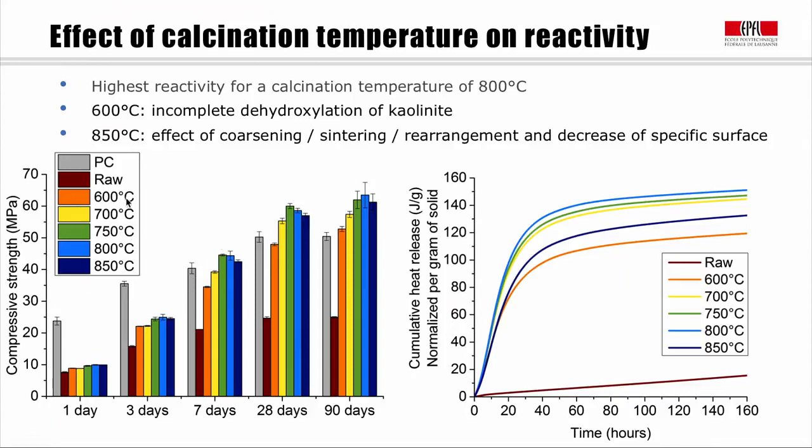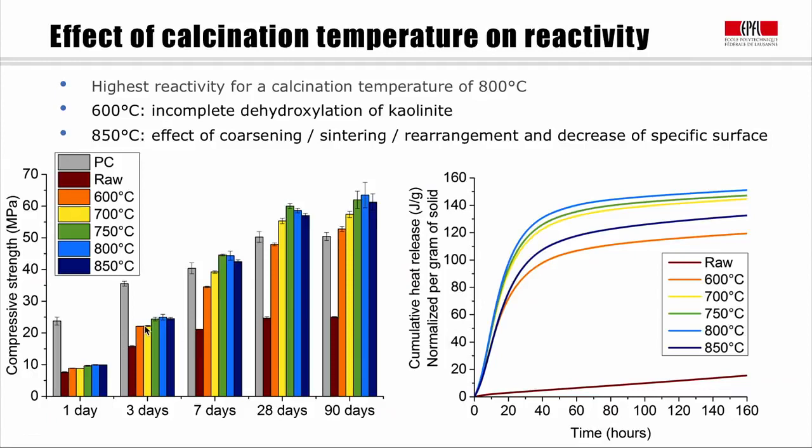So the different temperatures we've used are the plain raw clay with no calcination at all, 600, 700, 750, 800, 850. And the raw clay, it's just reacting as a filler, so you see the strength development is really quite poor.